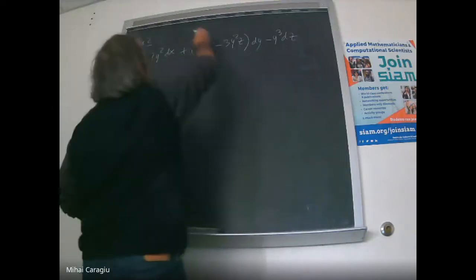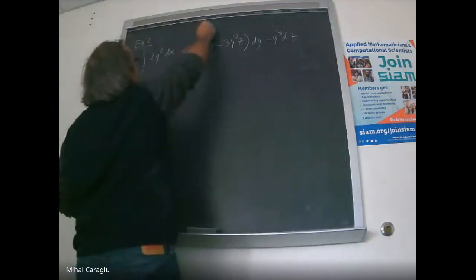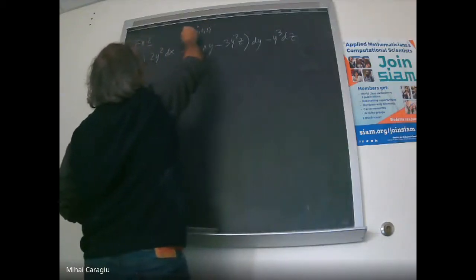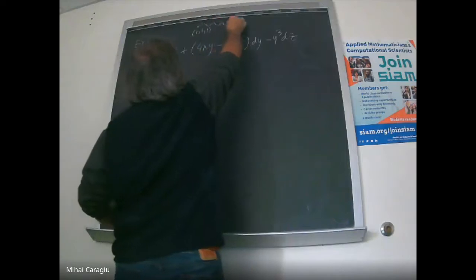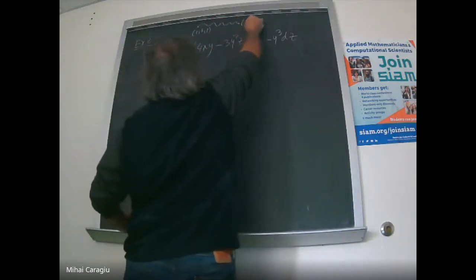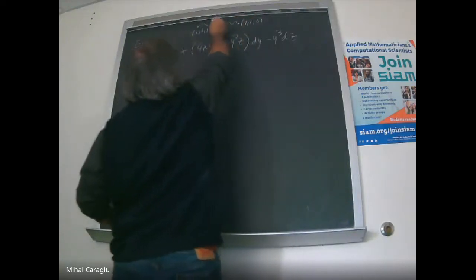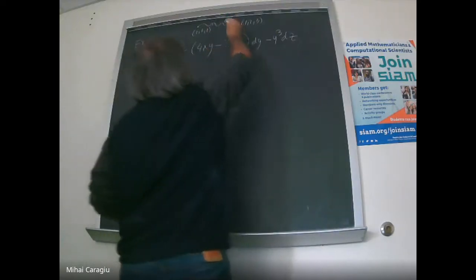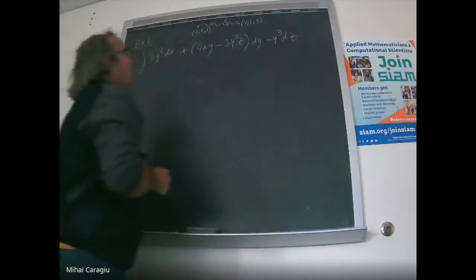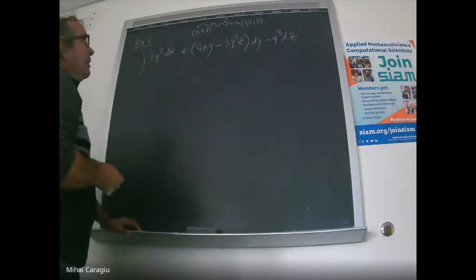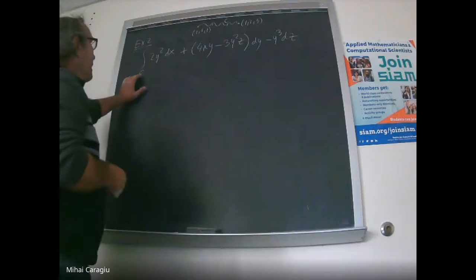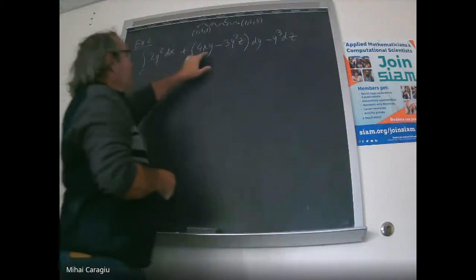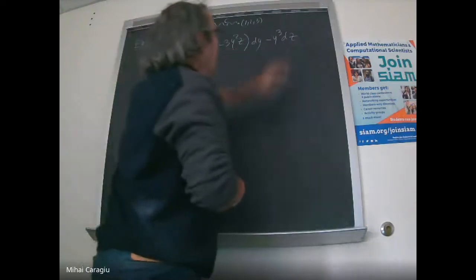Where C is a curve which joins (1, 1, 1), that's the initial point, to (1, 2, 3), there's the terminal point. So the curve C joins (1, 1, 1) with the point (1, 2, 3). And then calculate the line integral of this vector field with components 2y squared, 4xy minus 3y squared z, and minus y cubed.